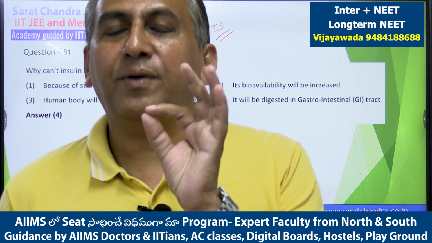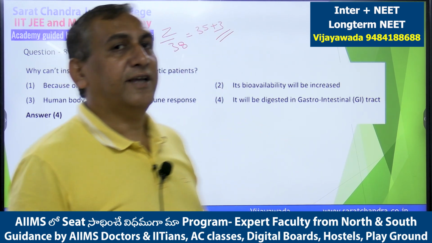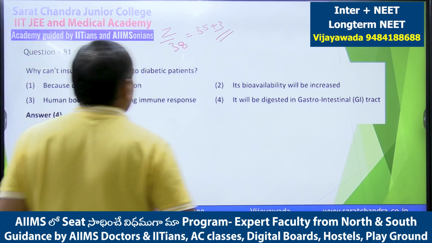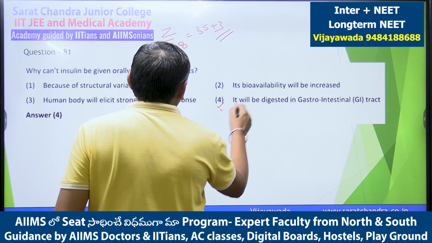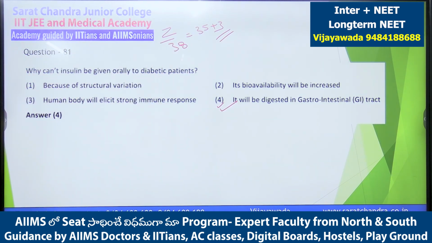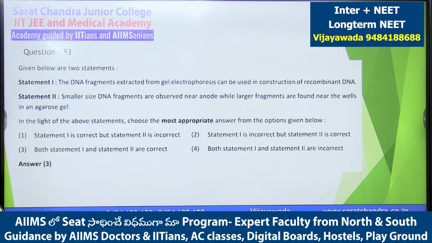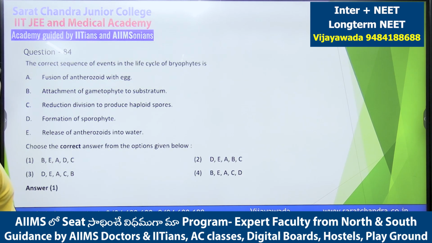So if a person takes insulin through the oral route, it can be digested in our alimentary canal. That is why we are not giving insulin through the oral route. Always we give insulin in the form of injection. This is one question that you have to remember. So till now I have covered 38 questions from zoology.